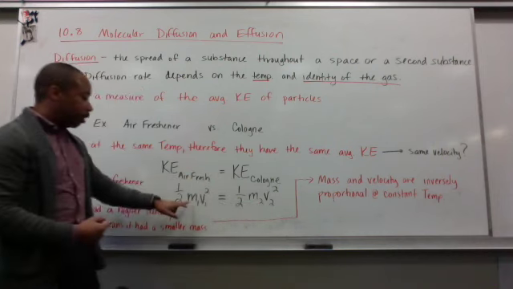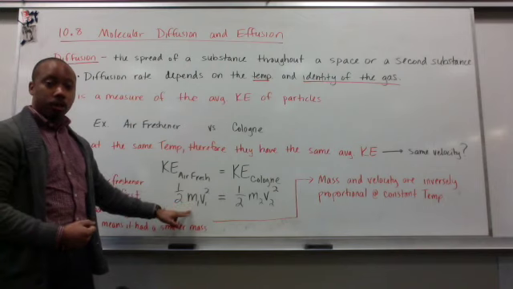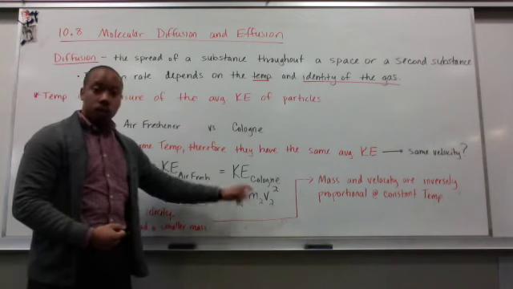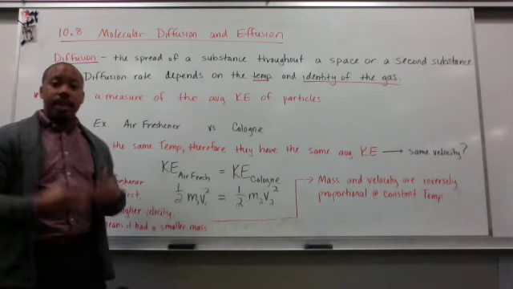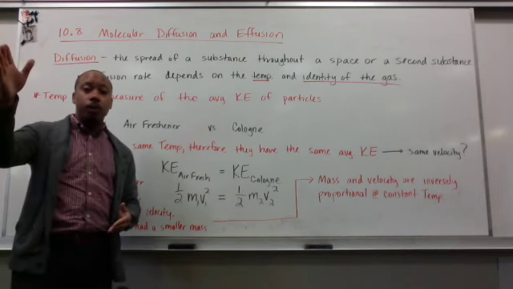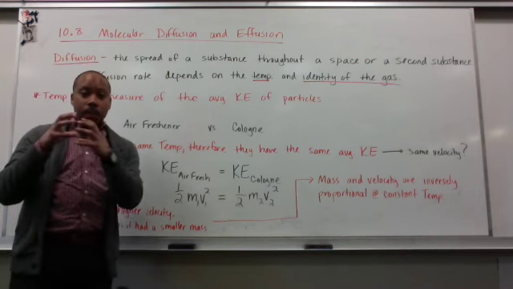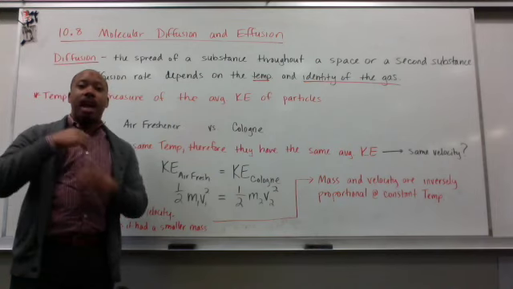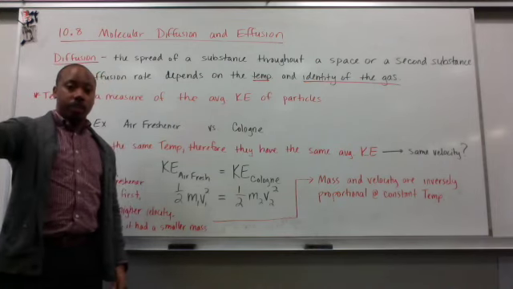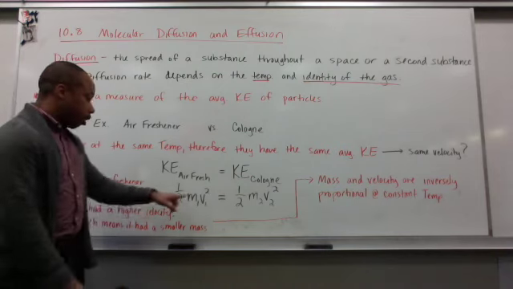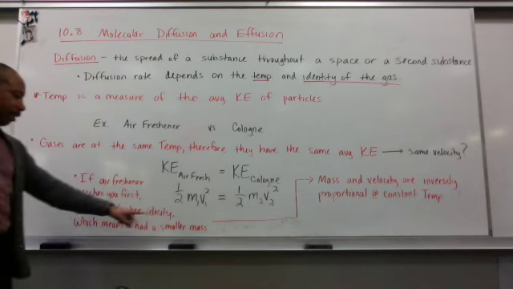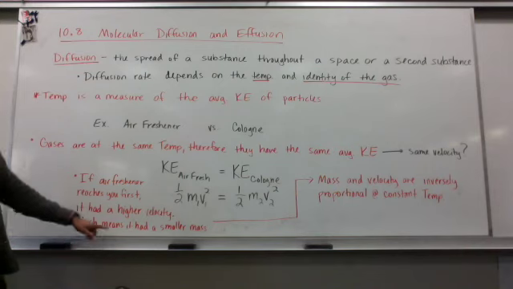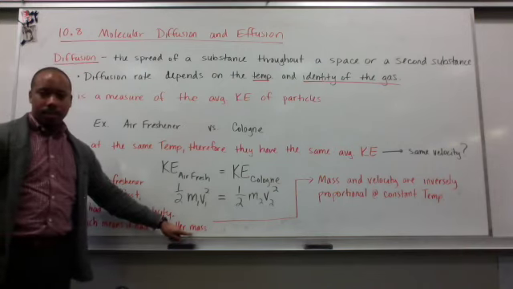That must mean that this mass had to be smaller, and this mass was larger, meaning the air freshener reached you first in the back of the room because those gas particles had a smaller mass. With a smaller mass, they can have a faster velocity and get to you. So, if it has a higher velocity, it means that it had a smaller mass.